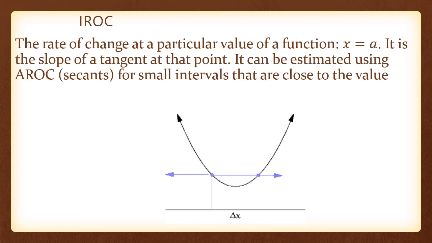So we're doing something kind of tricky here, kind of like a Houdini act. It's a magical act. We're taking something that's curved, but still using straight lines to help us calculate a value.